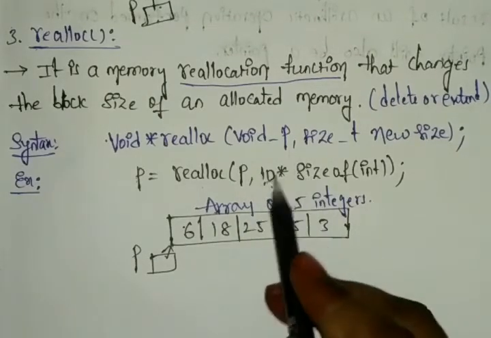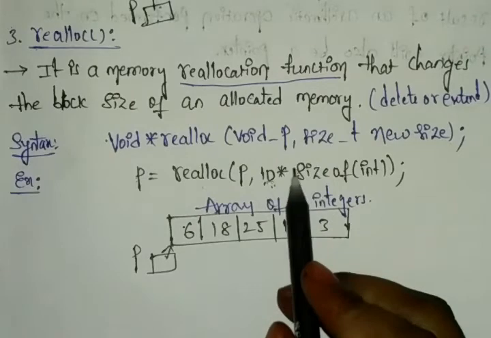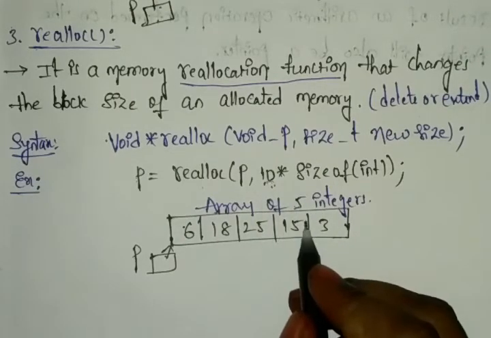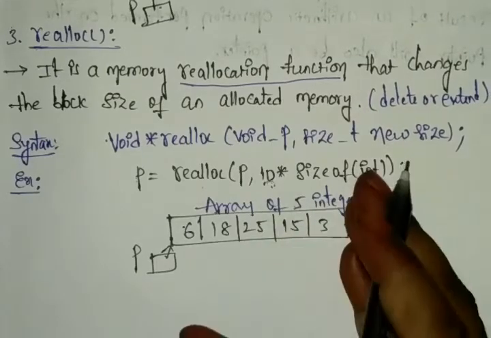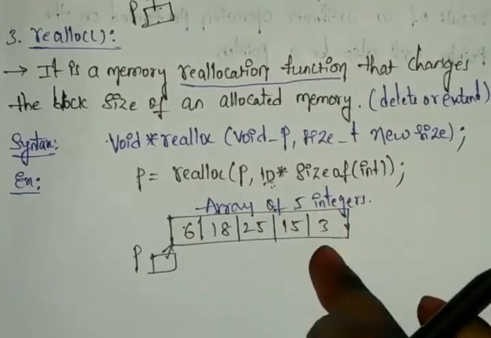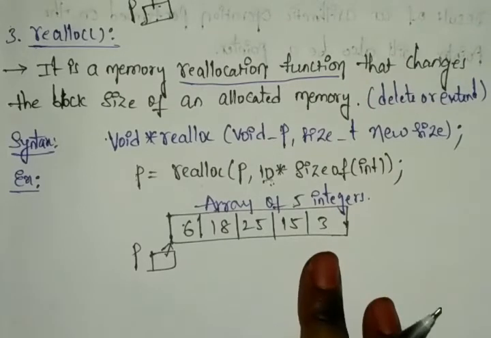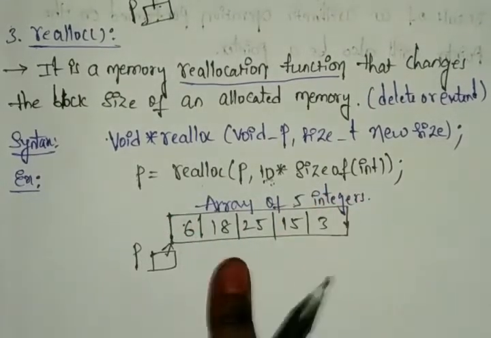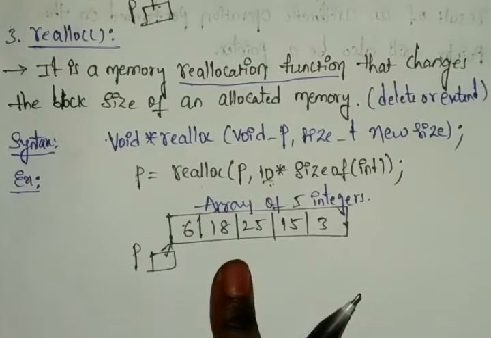So we need to extend the block size up to 10 integers. The new elements extend the block, and the old one is automatically deleted. We cannot extend directly here, so the old block is deleted and we need to allocate again, which is the reallocation process.